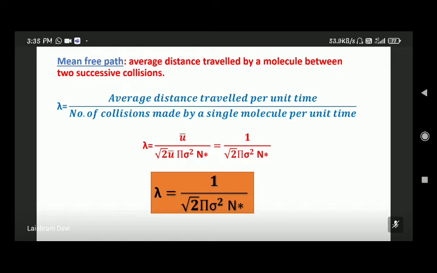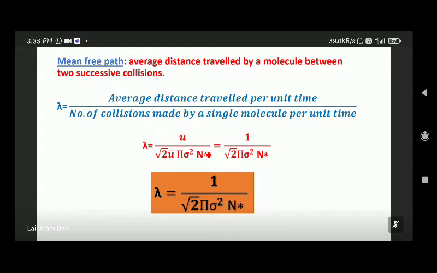So the formula is here: average distance traveled by the molecule per unit time divided by number of collisions made by a single molecule per unit time. ठीक है, so simply average distance will be u bar and number of collisions made by a single molecule per unit time. तो यहाँ पे देखो I'm replacing it by Z1, root 2 u pi sigma square n star. ठीक है, star जो है ये ऊपर है, superscript आना है मुझे, इसको change कर लेना.